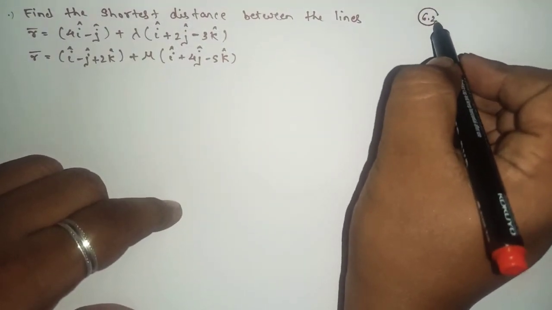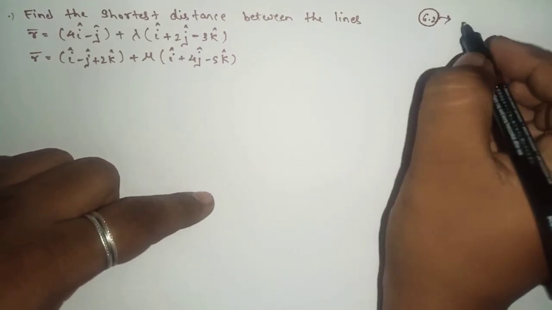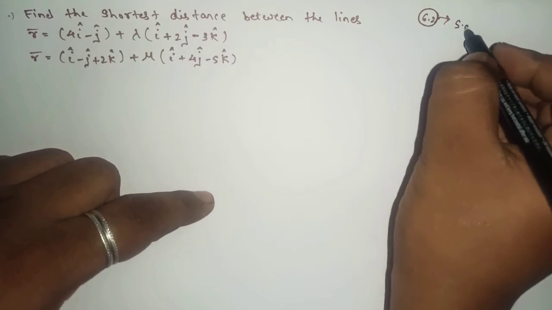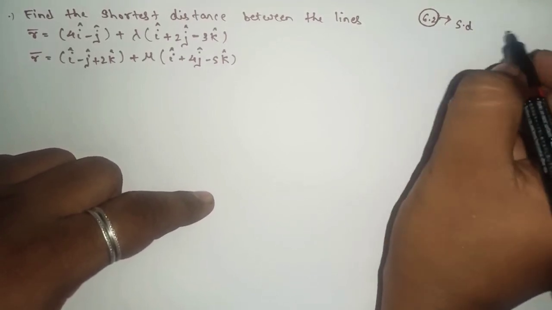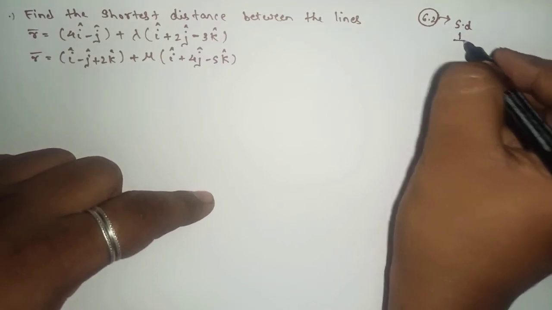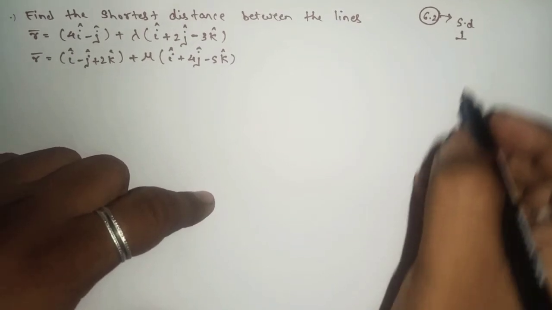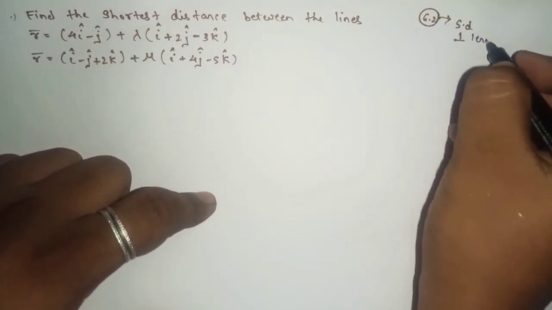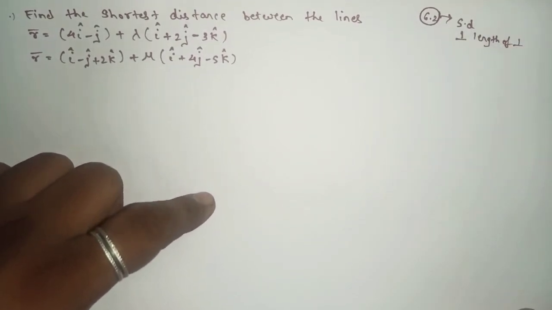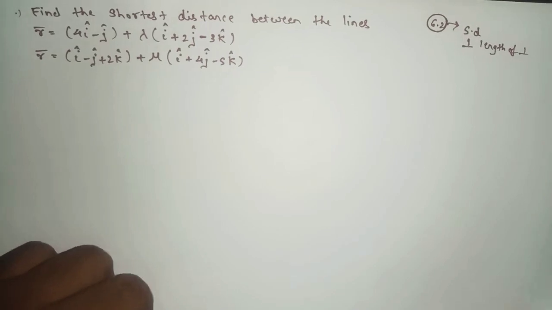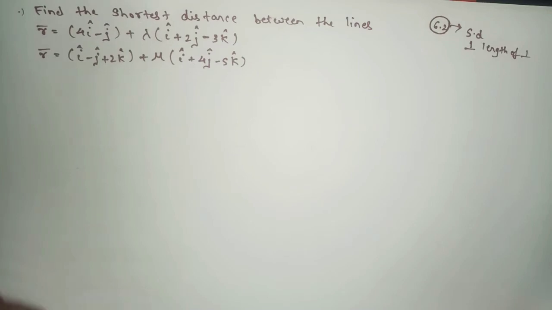In exercise 6.2 you will see the majority of the sums based on the shortest distance between vector equations as well as Cartesian equations, and there is one more sum where you have to find the perpendicular distance, or they will use the words find the length of the perpendicular. There is one concept there, which we'll see afterwards. So today we'll cover one sum based on the shortest distance.